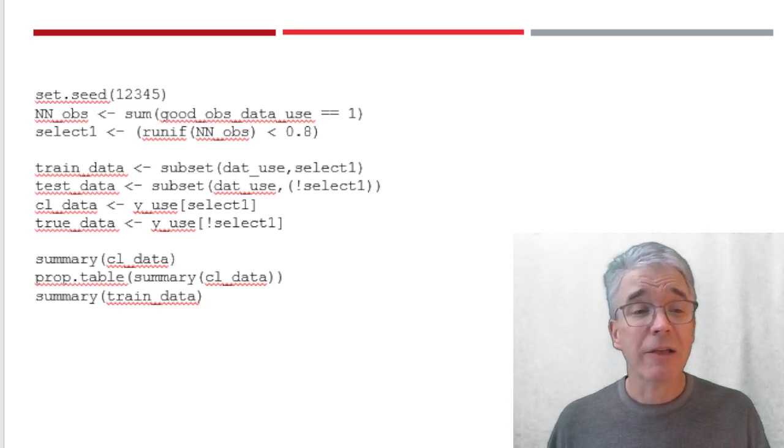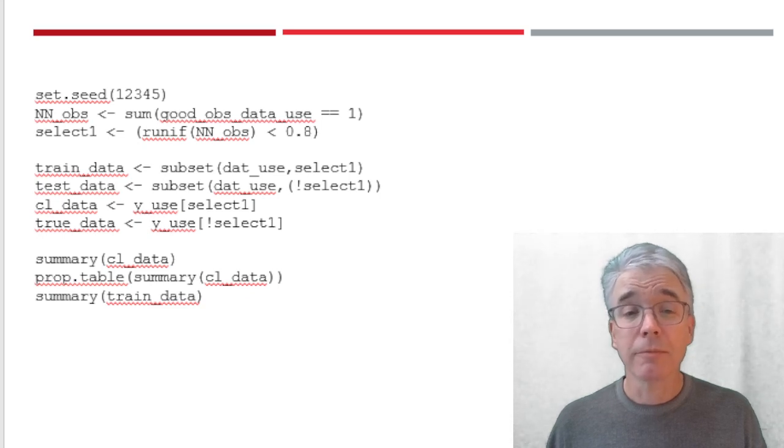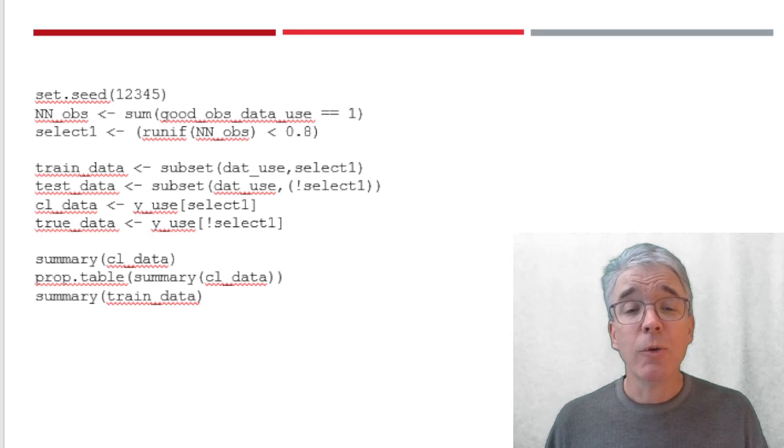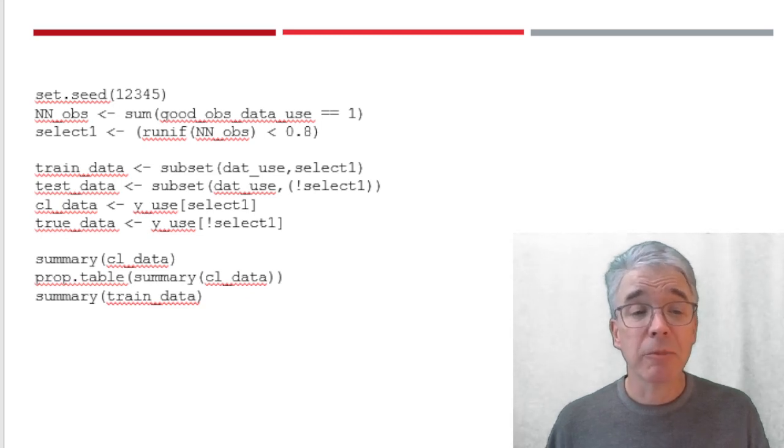So with that seed value, the next line of code is selecting 80% of the sample at random, actually at pseudo-random. The runif function is picking random numbers from a uniform distribution between 0 and 1. It's going to be a whole long list. If the random number is less than 0.8, it returns a value of true.